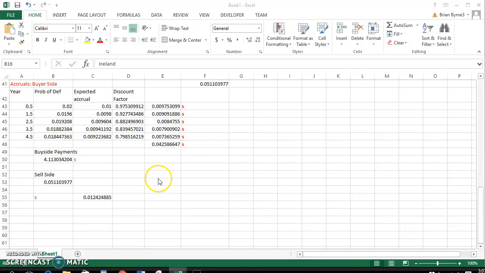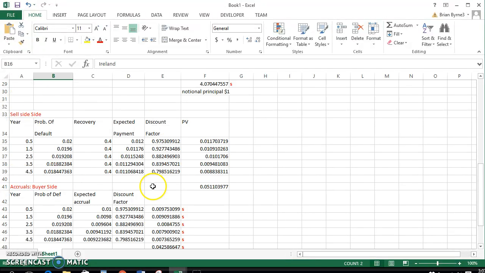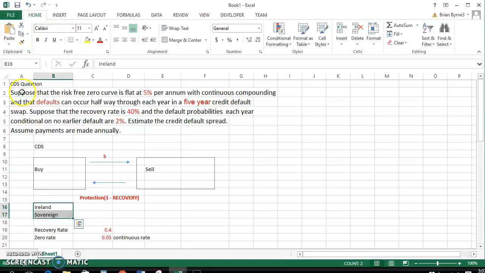Okay, so to recap, let's go back to our original question. Suppose the risk-free zero curve is flat at 5%, so that's our term structure. And we're assuming that the yield curve remains flat at 5% for 5 years. That's a very arbitrary condition, but is useful and makes our estimations below convenient.